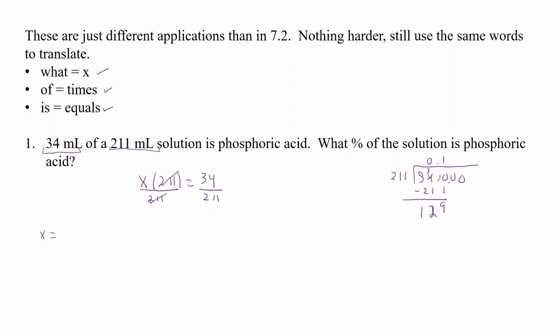Now what we can do is bring down our next 0. All right, so 211 will go in here roughly 6 times, it looks like. So 6, 6, 12. That fits. So we have a 6, 1, 2, 6, 6. Subtract that. Well, that becomes 8. So 10 minus 6 is 4. 8 minus 6 is 2.